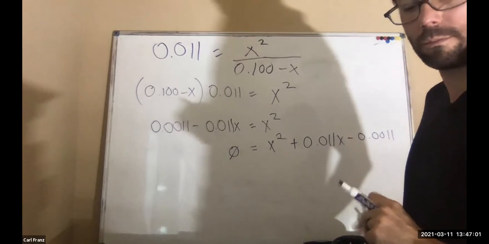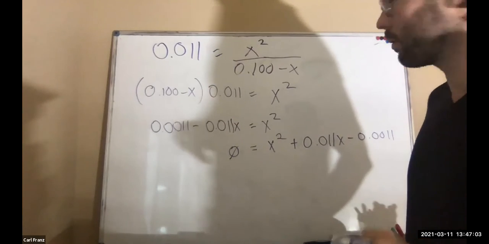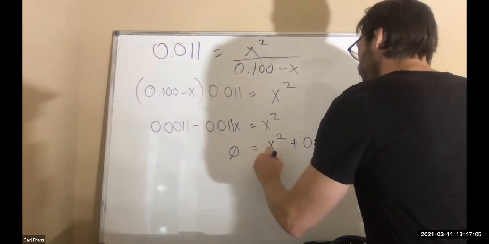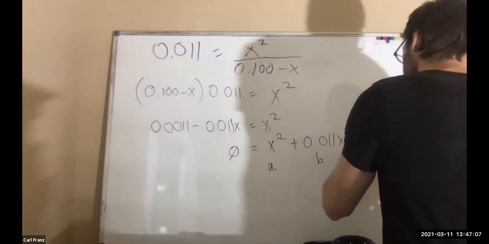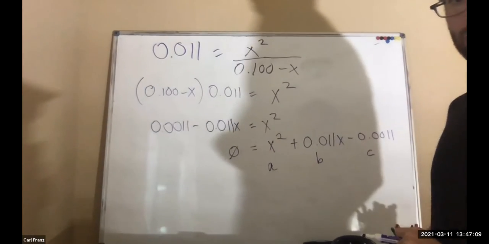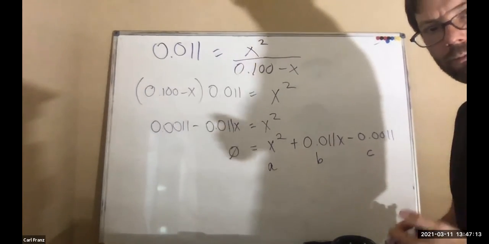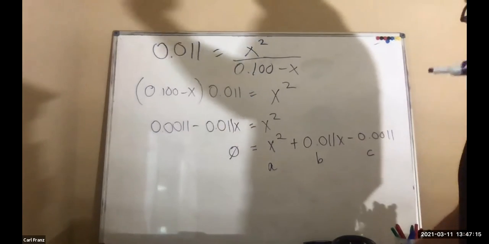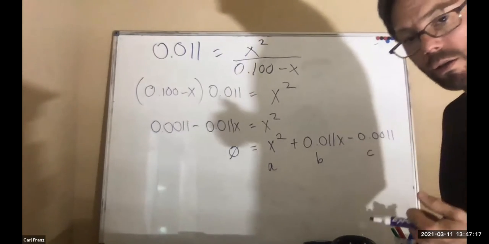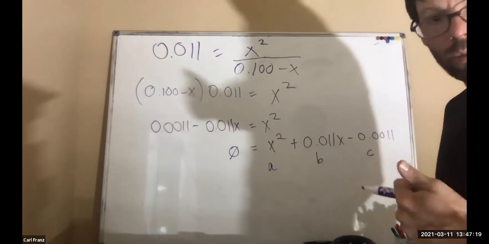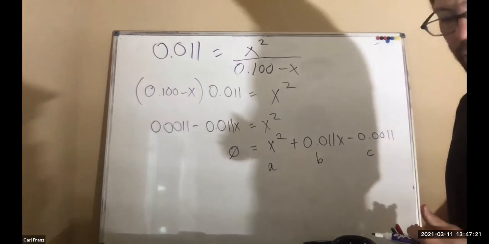Okay. Now we have our A, B, and C. So plug that into the quadratic equation, and we can solve. We have 2 x values, and we'll have to go and see which one's the right one from there.